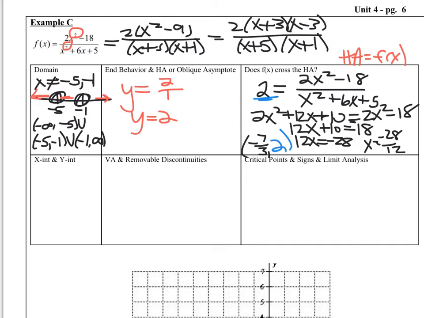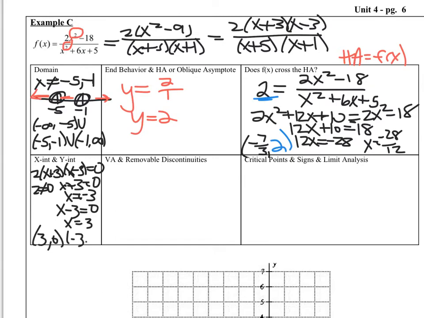For an x-intercept, that means we set our numerator equal to 0. So 2 times x plus 3, x minus 3 equals 0. 2 doesn't equal 0. X plus 3 equals 0 if x equals negative 3. X minus 3 equals 0 when x equals positive 3. So my x-intercepts are 3, 0, negative 3, 0.